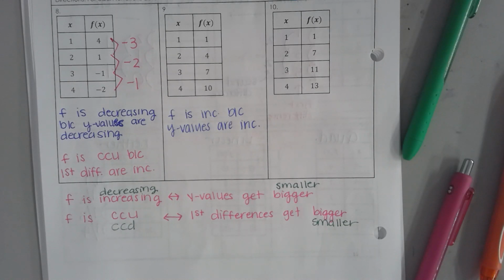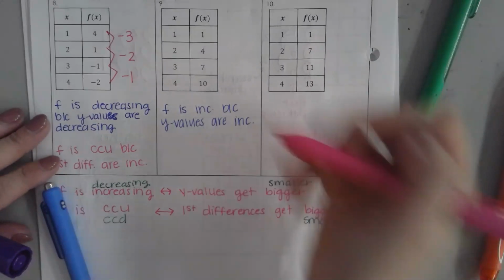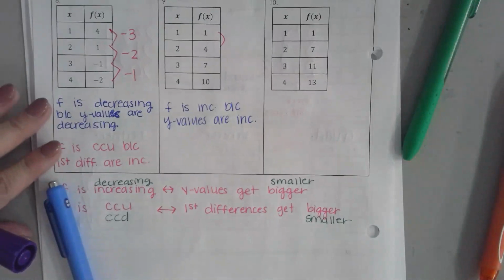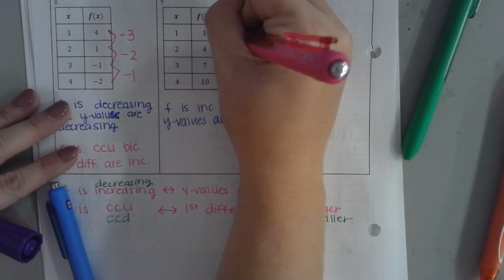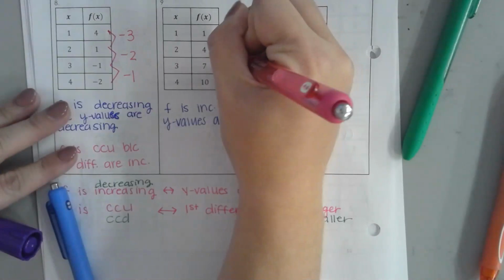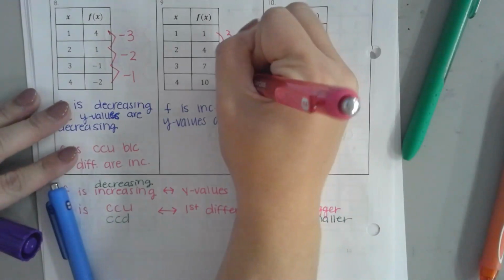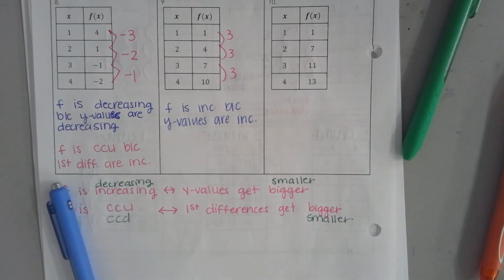To figure out concave up or concave down, we need to figure out the first difference. 1 to 4, 3; 4 to 7, 3; 7 to 10, 3. What can I say about concave up, concave down?